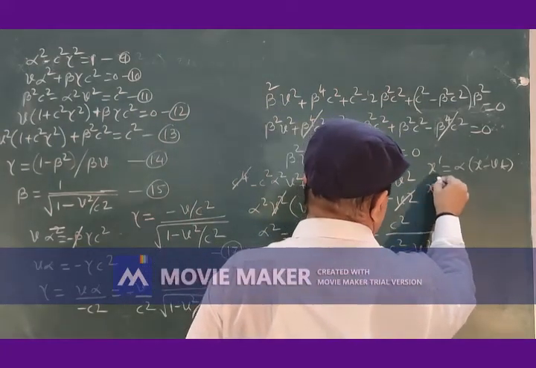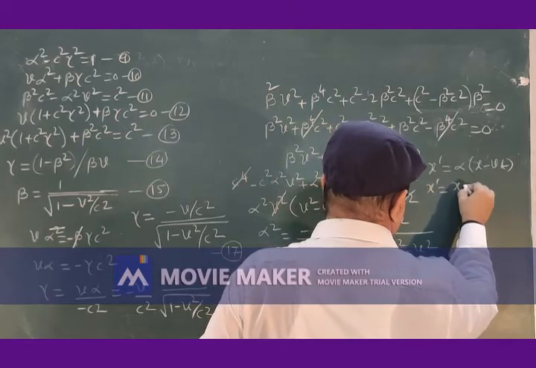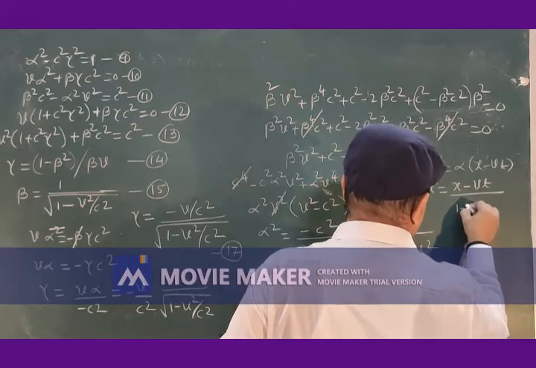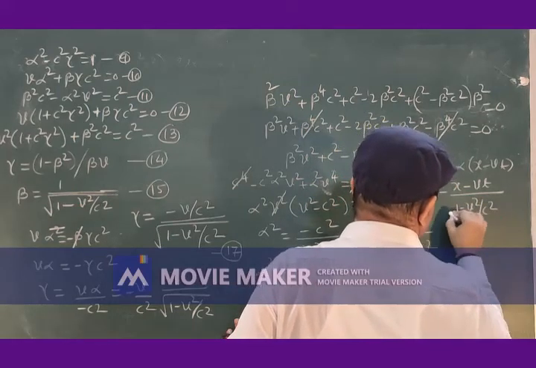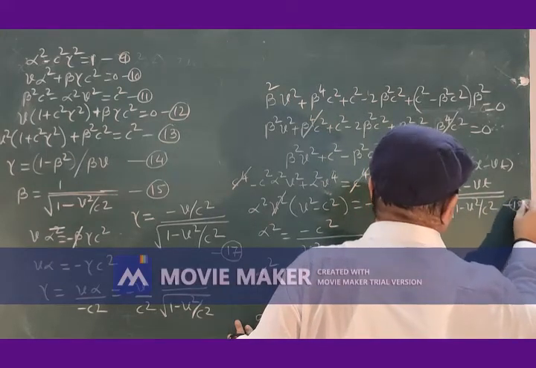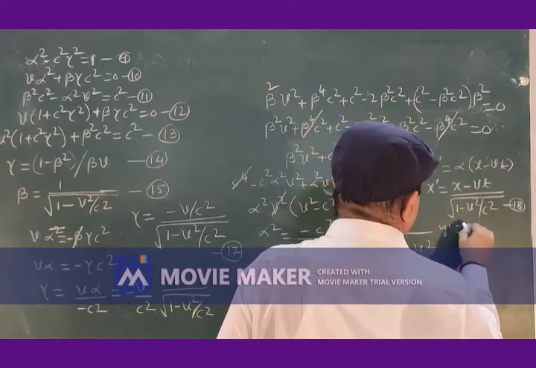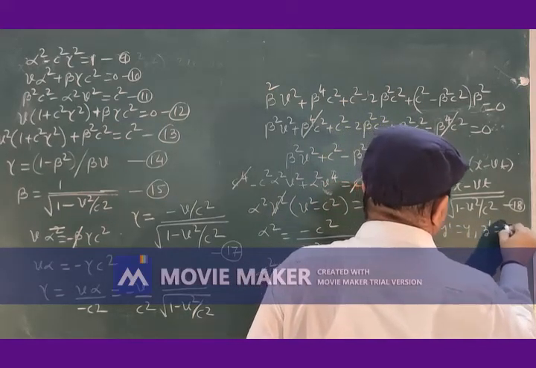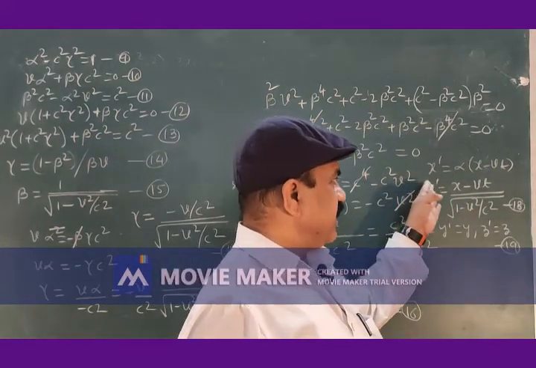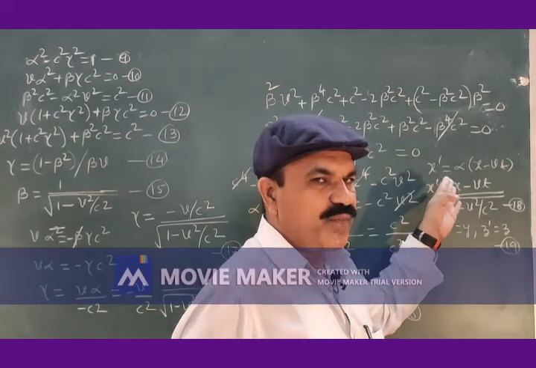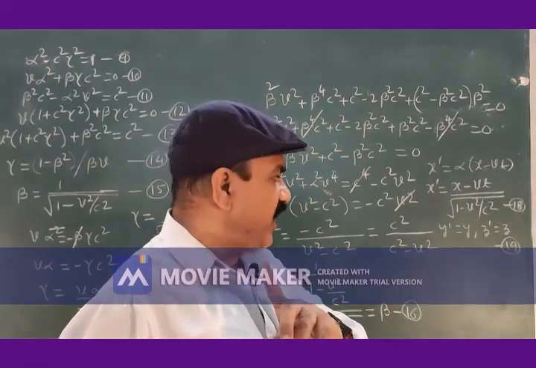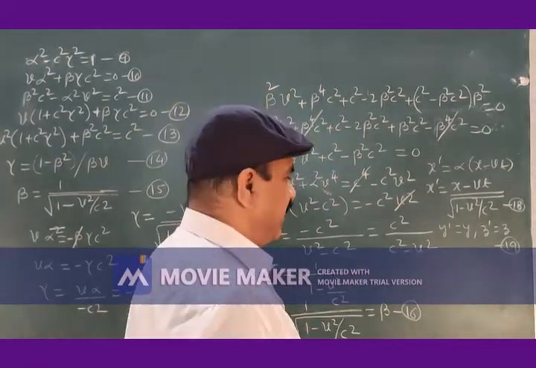And therefore x prime will be x minus vt divided by the square root of 1 minus v square by c square, equation number 18. y dash is equal to y, z dash is equal to z, equation number 19. These are the Lorentz transformation equations for the x coordinate, y coordinate, z coordinate. And now the Lorentz transformation equation for the time coordinate is left.